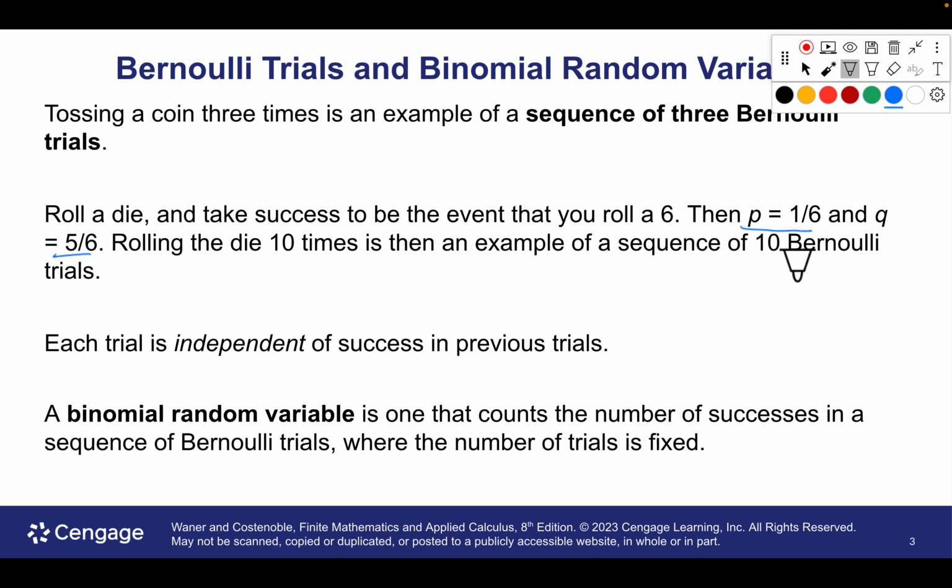So a binomial random variable is the one that counts how many times we get a failure or a success. We're going to look at a few of these examples. So the binomial part would be 3 Bernoulli trials. We get either heads or tails. Heads, heads, heads, we could get that.